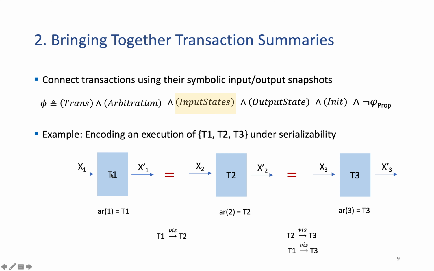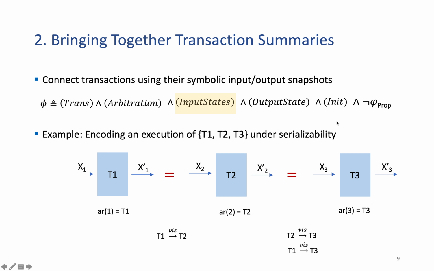So we tie them together by restricting the output of a transaction Ti to the input of the transaction Ti plus 1. Here you see T1 is visible to T2, and similarly the effects of T2 are of course visible to T3, and hence since whatever T1 wrote was already available here, T1's effects are also visible to T3.